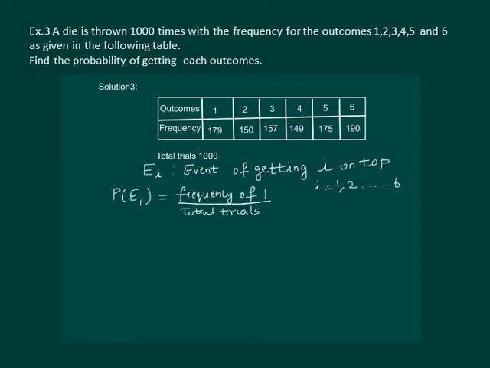Then the probability of event E1, that is the event of getting 1 on the top, will be equal to the frequency of 1 by the number of trials, that is 1000, which will give us 179 by 1000, and that's equal to 0.179. Similarly, we can calculate P of E2, P of E3 and so on, P of E6.